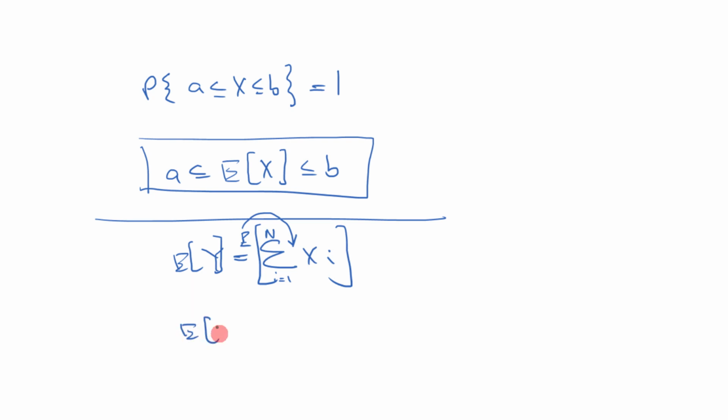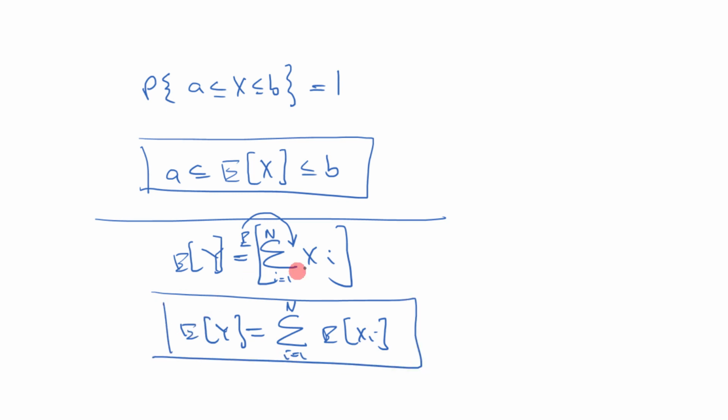So the expectation of y is equal to the summation from 1 to n of the expected value of xi. Here this n is a constant, it is not a random variable. But previously we have just seen an expression where this n was also a random variable.